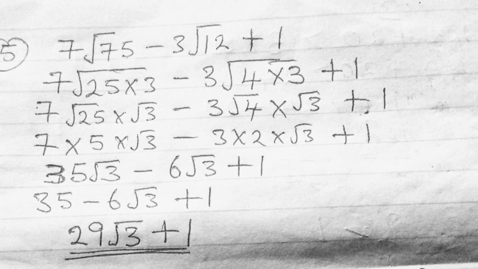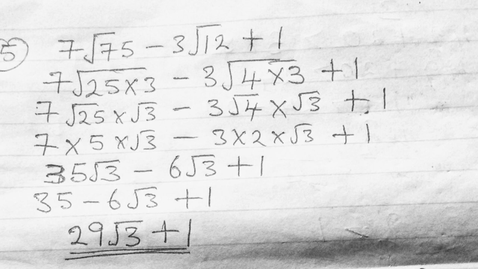So if you look at it very well, we have 7 times 5, because square root of 25 is 5, times root 3 minus 3 times 2 times root 3 plus 1. So have 35, which is 7 times 5, root 3 minus 6 root 3 plus 1.